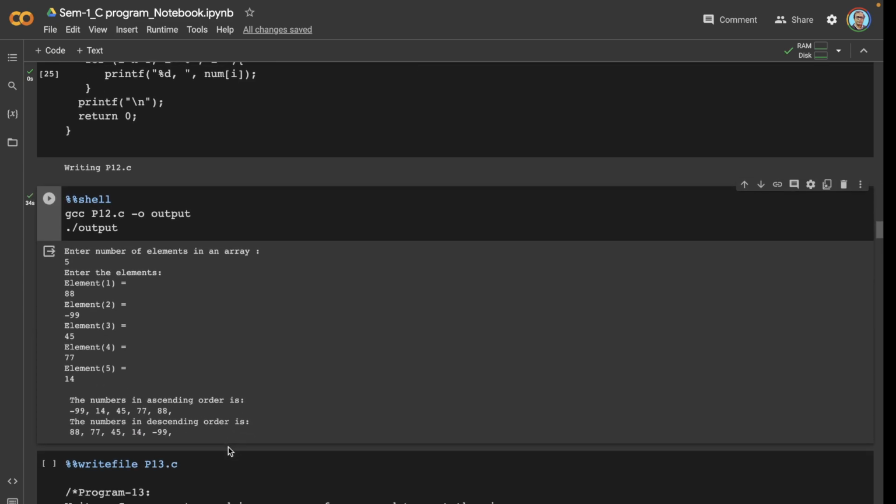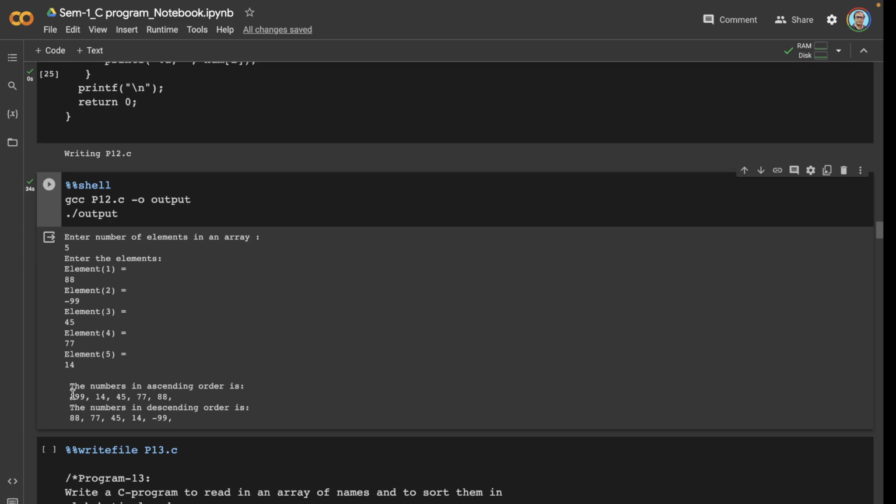In ascending order, the increasing order, the lowest comes first and 88 is the highest. In descending order, 88 is the maximum and minus 99 is the minimum.